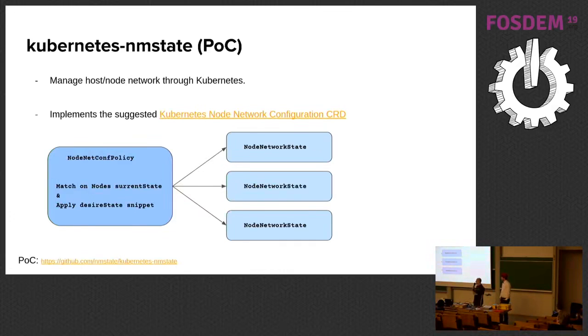So we think that because of these needs, there is also a need to handle the host or node networking configuration. We suggested this CRD as an enhancement to allow declaring what we want to have on the networking of a node. It is separated into two parts.